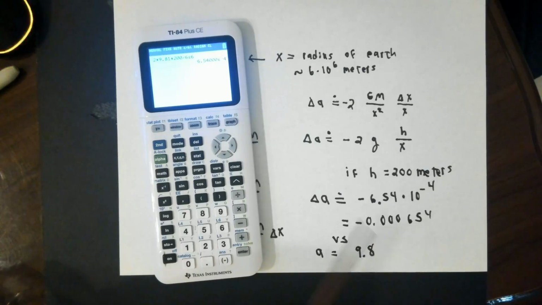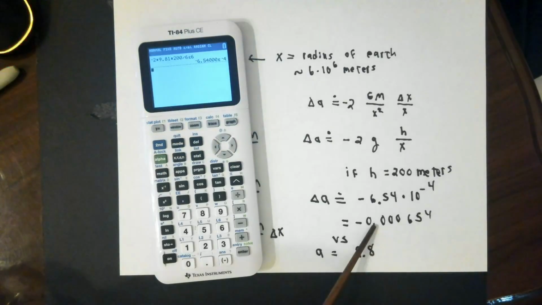If I assume that my building is 200 meters high, then I can simply put negative 2 times 9.81 times 200 divided by 6 times 10 to the 6, and when the dust settles, the acceleration due to gravity has decreased by an amount 0.000654 meters per second squared.